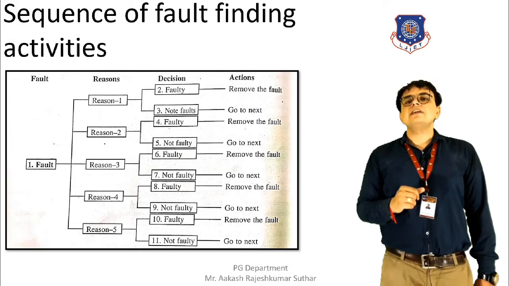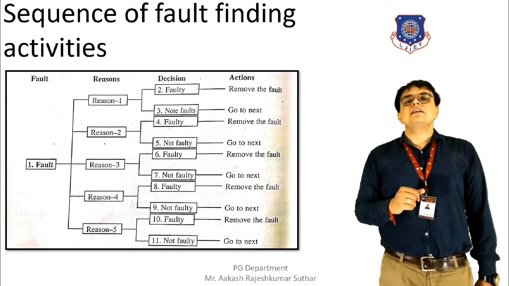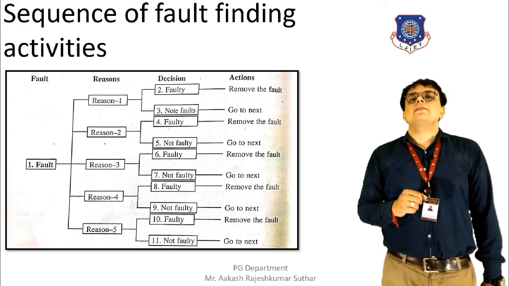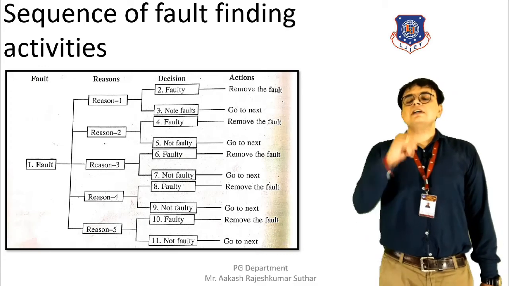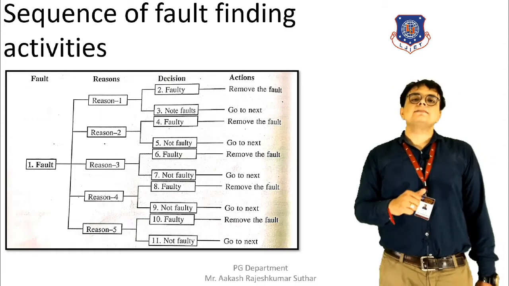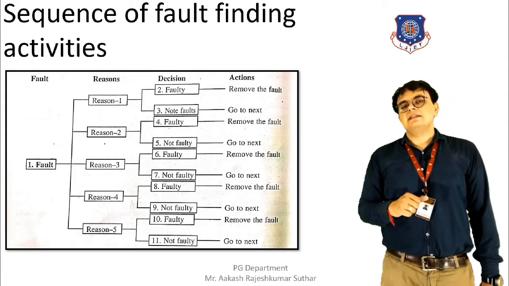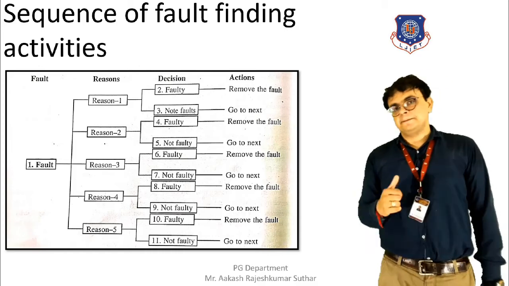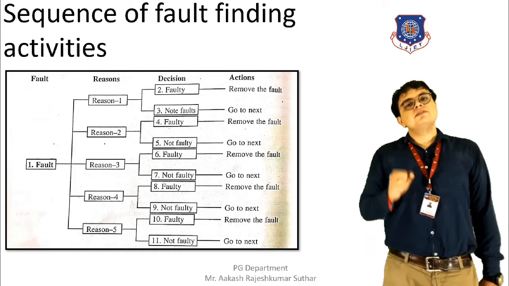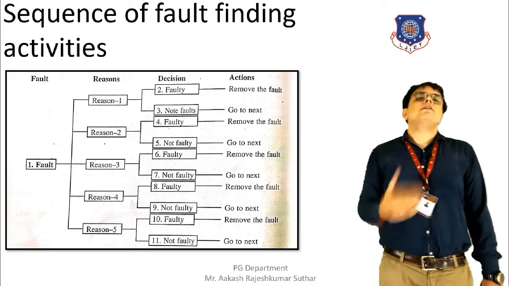But if reason number 4 is not found guilty, if it is not the actual reason for the occurrence of the fault, then we need to take action like moving towards the next reason. So here we will be moving towards reason number 5.